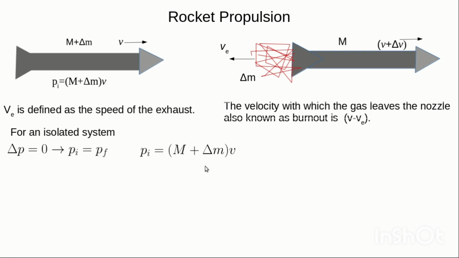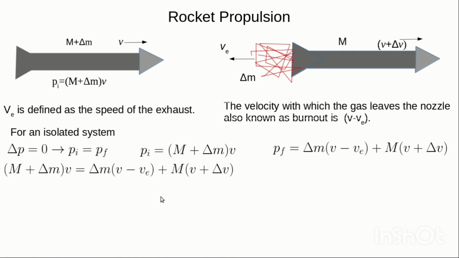So let's check out the final momentum. The final momentum is given as the change in mass times this relative velocity plus this mass times this velocity. So you can see that the combination of this momentum and this one gives us the final momentum. So if we equate this one to this, we should have this one times v, which is the initial, equal to the final.